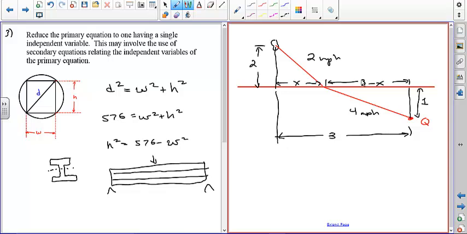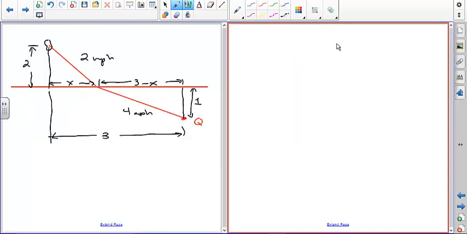Okay, now what they're asking for is time, how long it takes. So from physics, delta x is equal to the velocity times the time, or the time is equal to the displacement divided by the velocity.